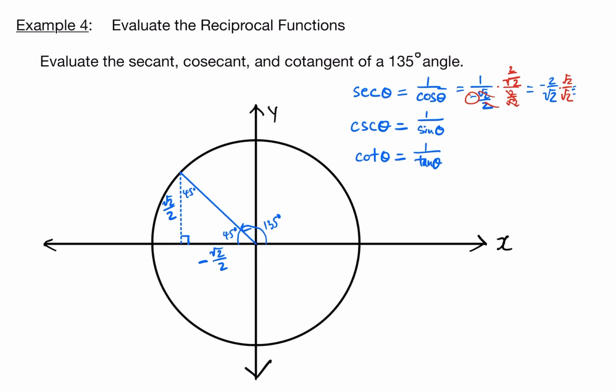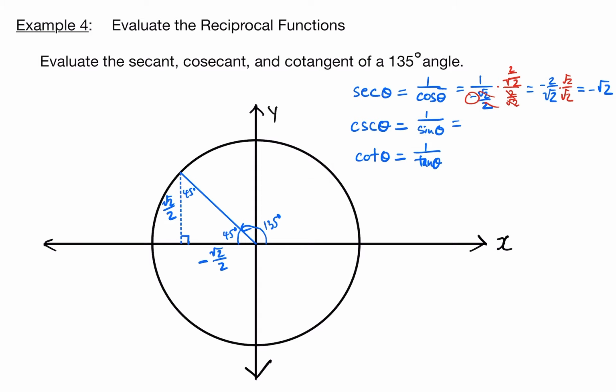Okay, so as I was saying, let me go ahead and erase this a little bit more. All right, so this works out to negative square root of 2. Okay, this square root of 2 times square root of 2 gives us 2. The 2 in the denominator and the numerator cancel each other out, so we're left with negative square root of 2.